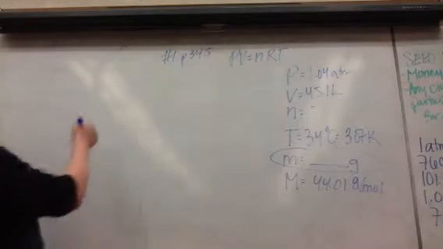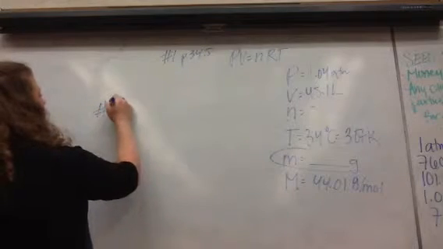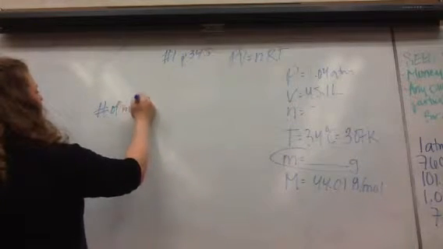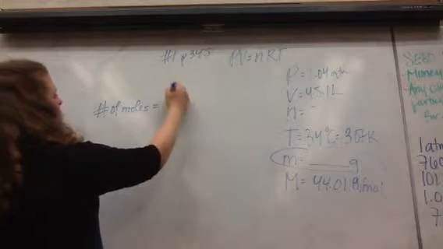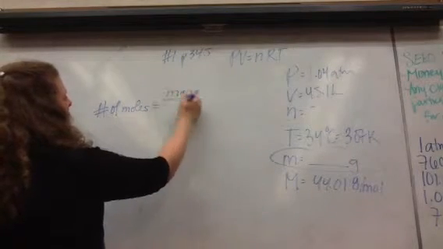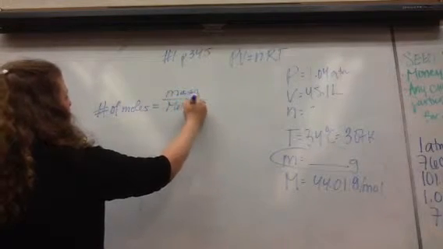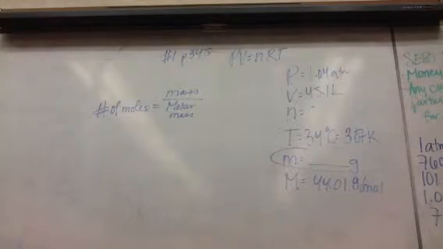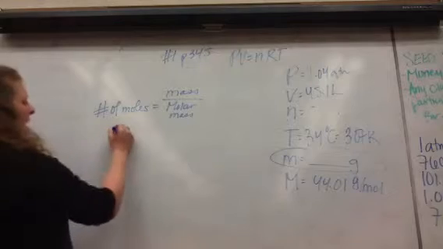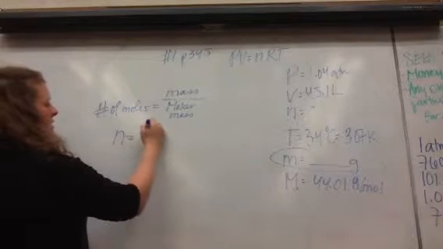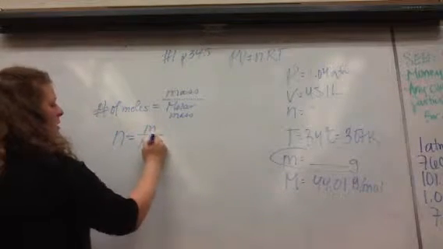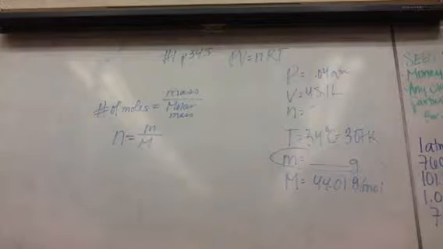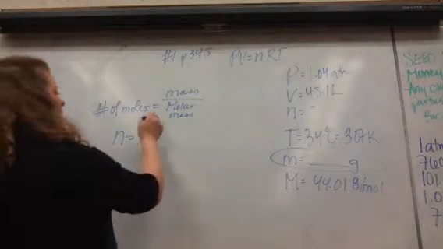Because you know that the number of moles equals the mass of the sample divided by the molar mass, right? You know that. So n, which is number of moles, equals little m over big M. Well, guess what we can do?